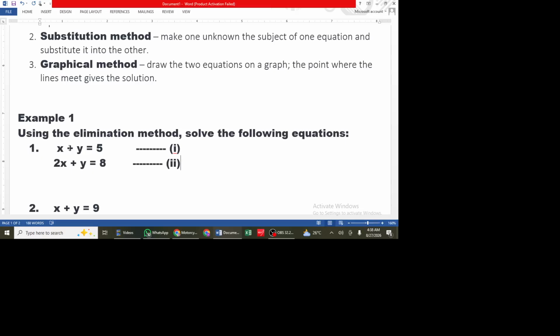Like this one now, the signs are the same, which means that you are going to subtract the equations. Because of that, you will now say equation 1 minus equation 2.